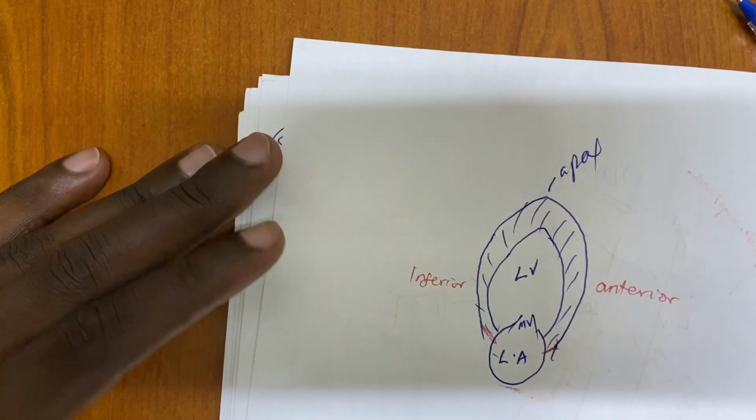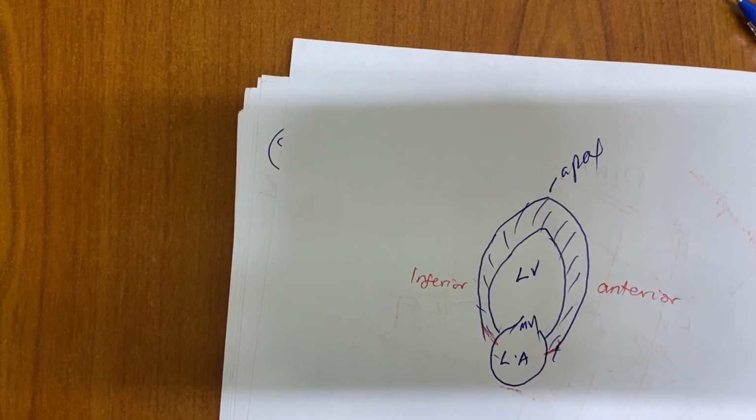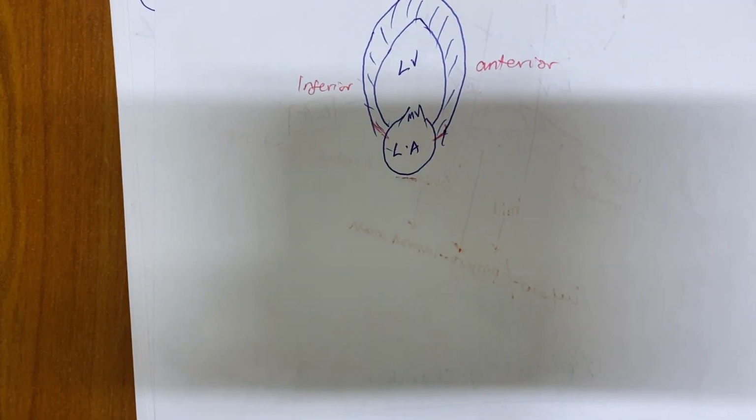Remember image orientation and probe marker? We said where the probe marker points, that part of the body will appear on the left side of the screen.